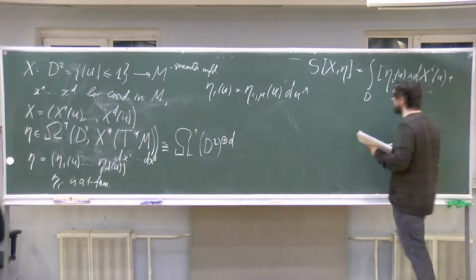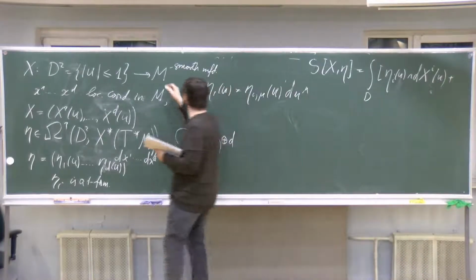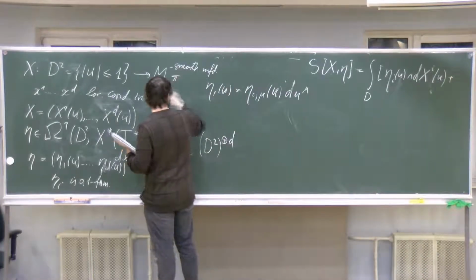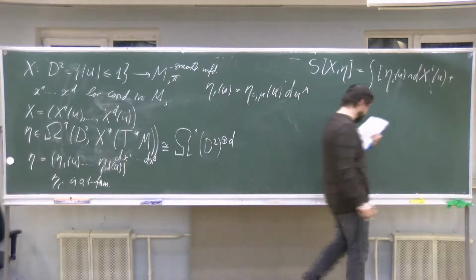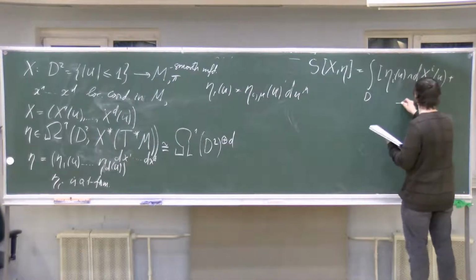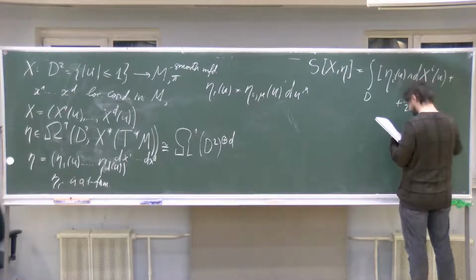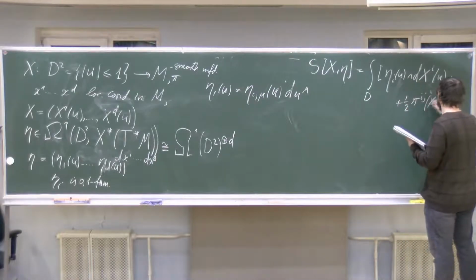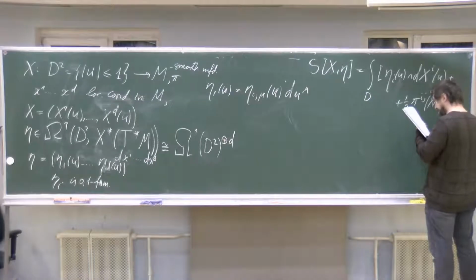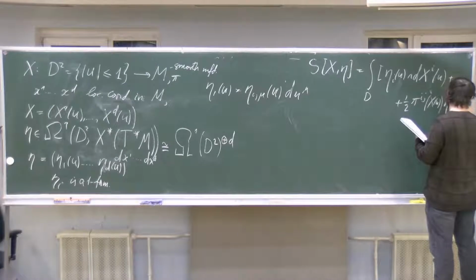And also we assume that M is Poisson, and that gives us the second term. We add one half of pi ij of x of u, eta i of u, eta j of u.